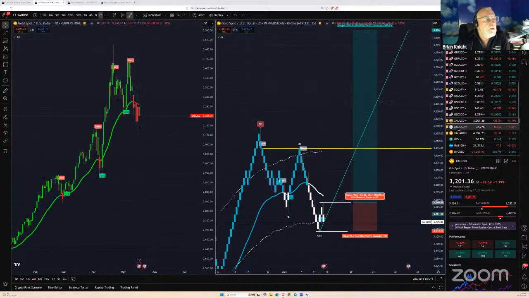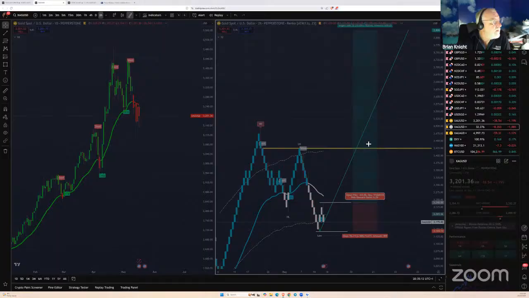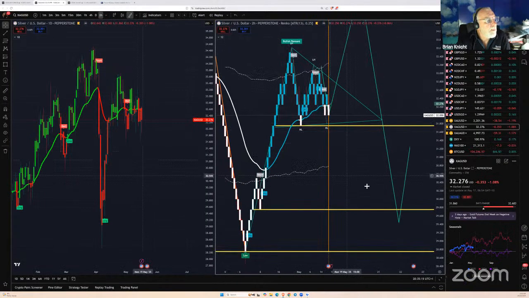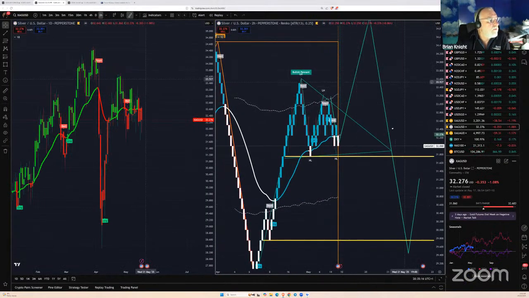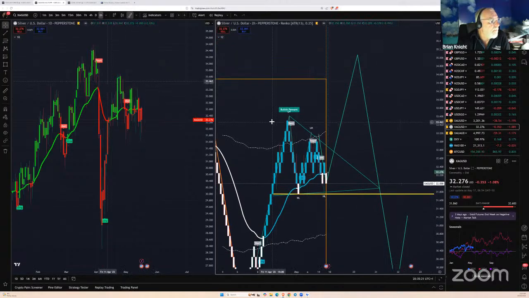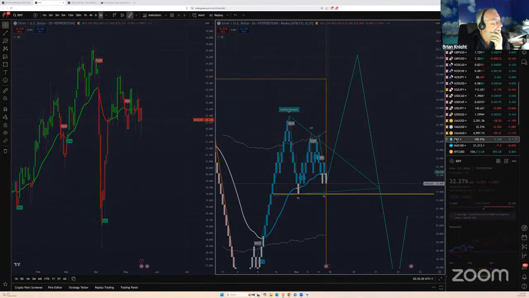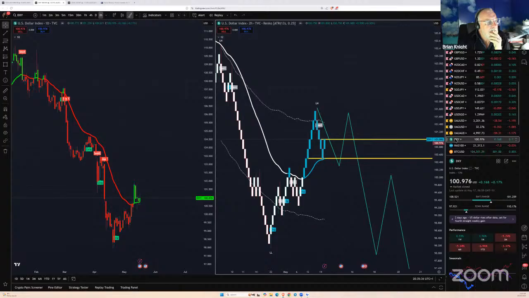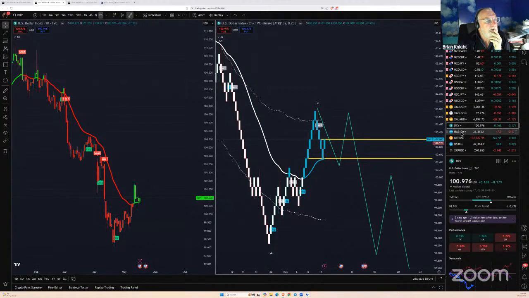Yeah. Silver, because that'll rise as well. Okay. Let's see. The DXY. Oh, it's talking about dropping off. That's right. NAS.